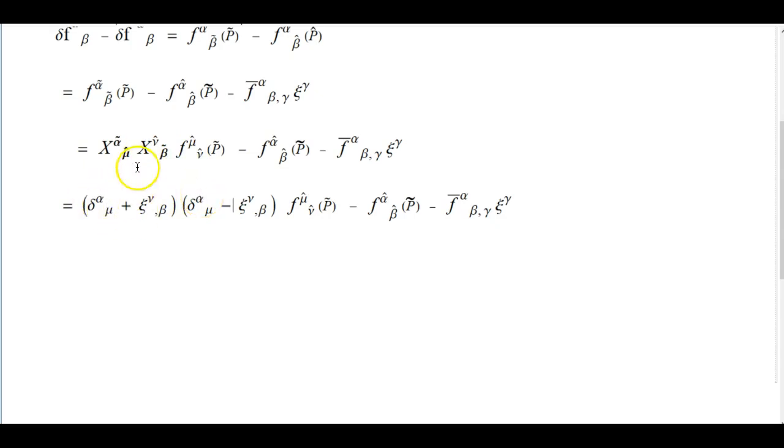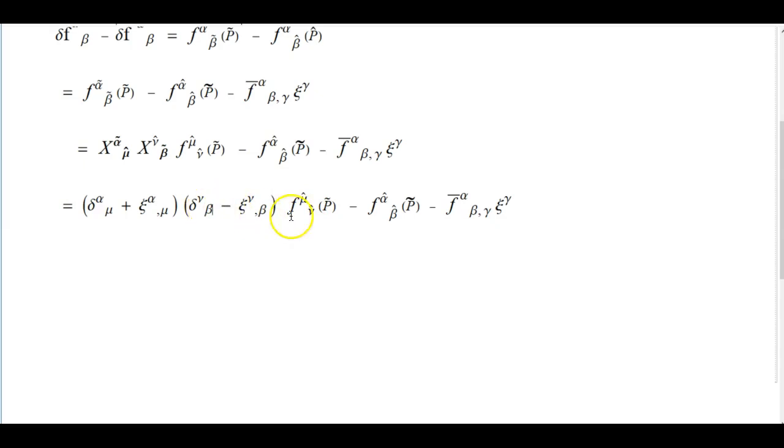So this is alpha mu, and this is alpha mu, and this is nu, minus nu beta.